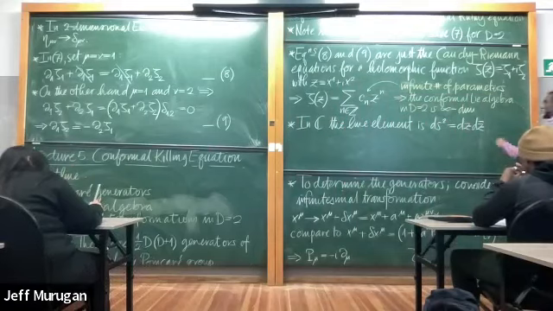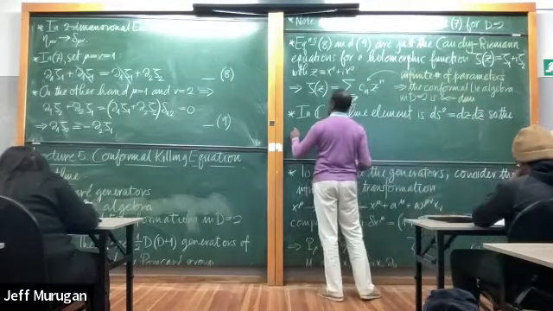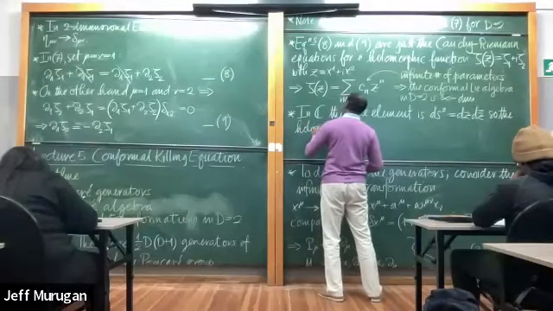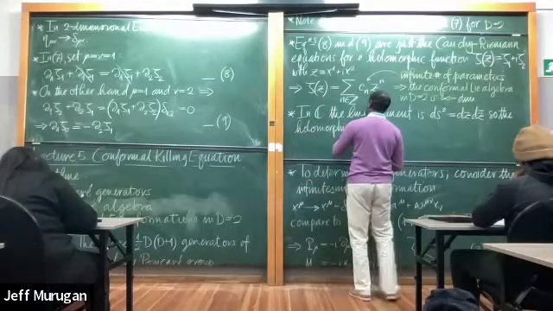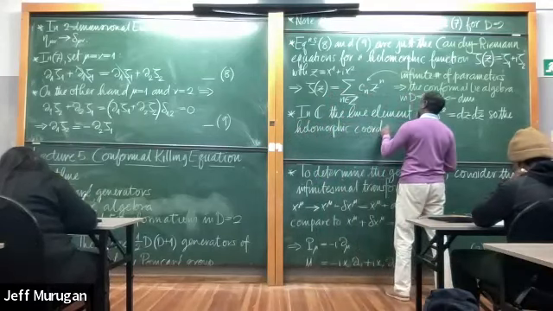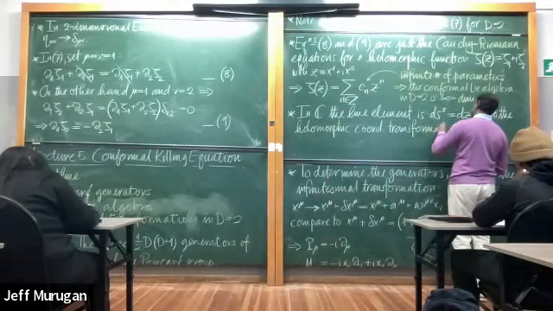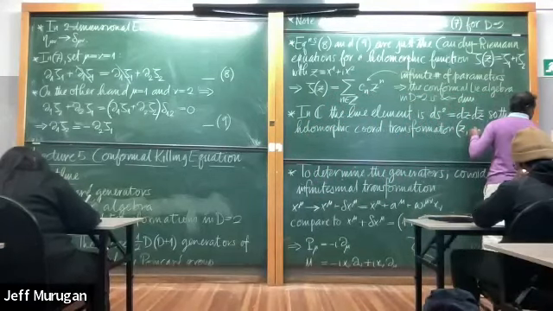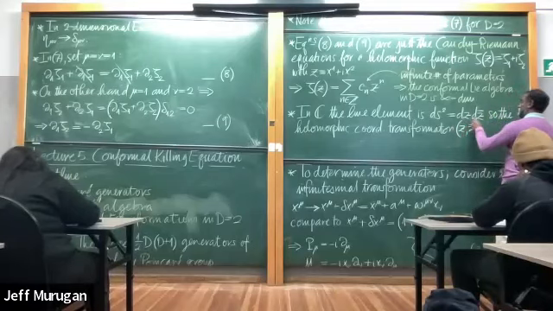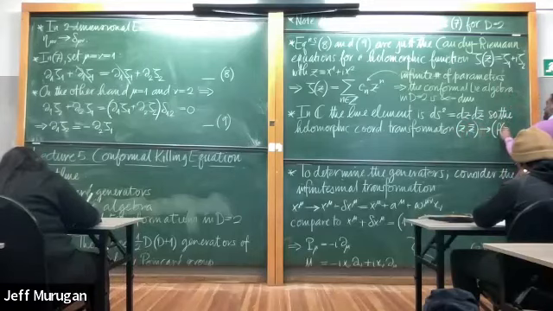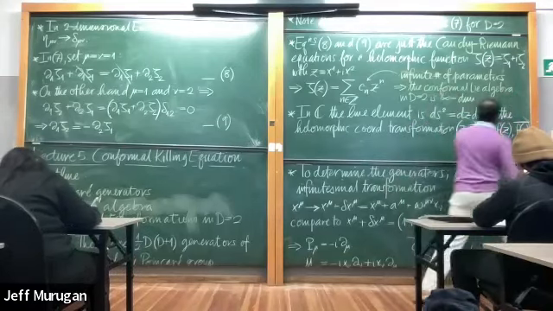Any holomorphic coordinate transformation changes z to f of z, and z bar to f bar of z bar.